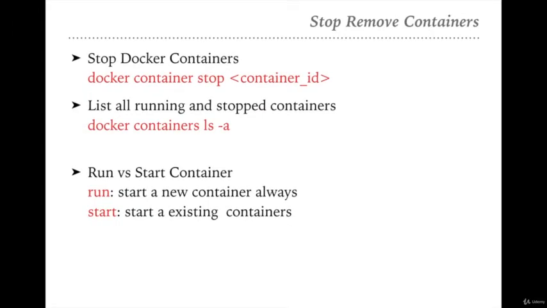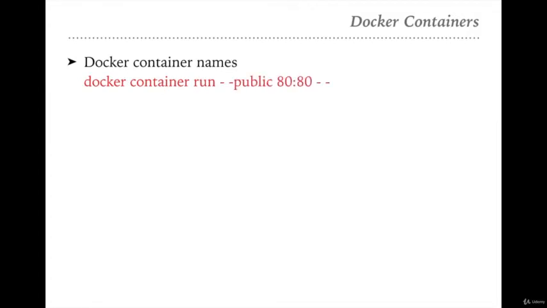Now let's move to the next slide. We will discuss container names. Till now we have seen my containers have some specific name, and suppose I want to provide a meaningful name to my container. Then how can I do that?